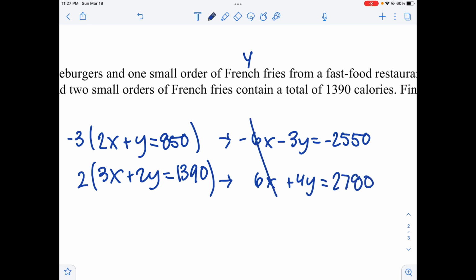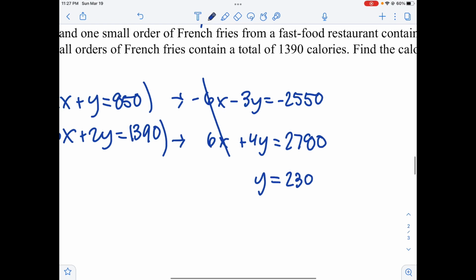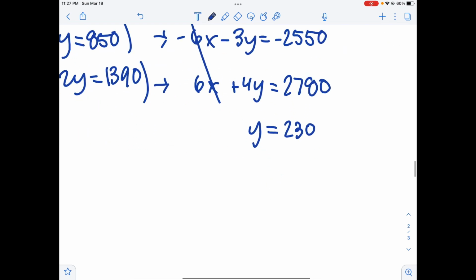These cancel out, so what we're left with is y is equal to 230. Since y is our french fries, fries are equal to 230 calories.